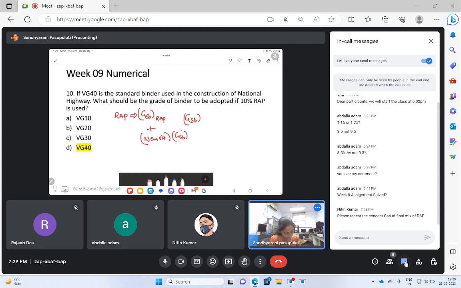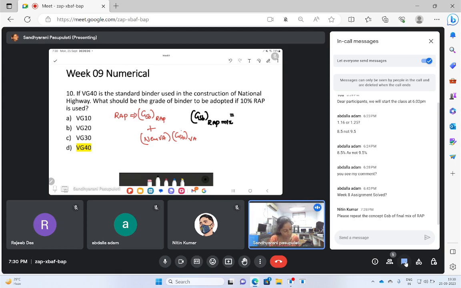That is called GSB of virgin aggregates. Now I am mixing the RAP with the new aggregates, and that is called the final RAP mix. The final RAP mix will have a different bulk specific gravity, called GSB of RAP mix.